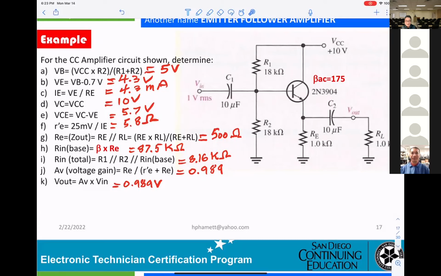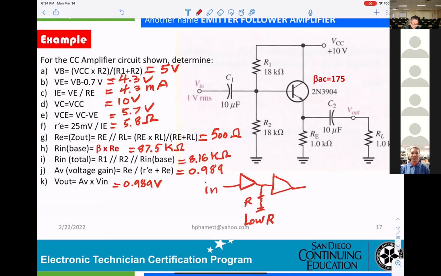For the low input impedance amplifier, what happened? Now, this is a low input impedance.